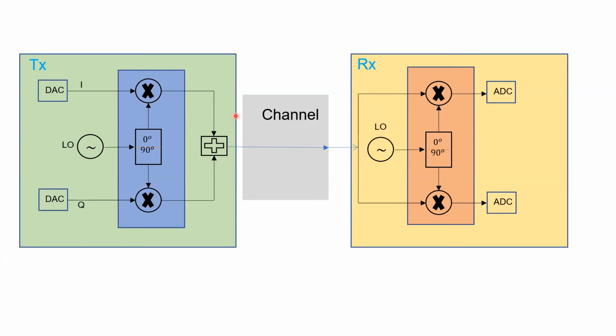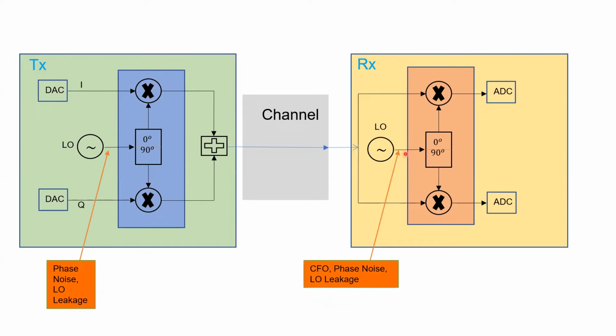Now, these things mainly are the hardware components, and we know that we cannot make ideal hardware. There are some imperfections in our hardware. For example, the LO introduces phase noise or LO leakage.